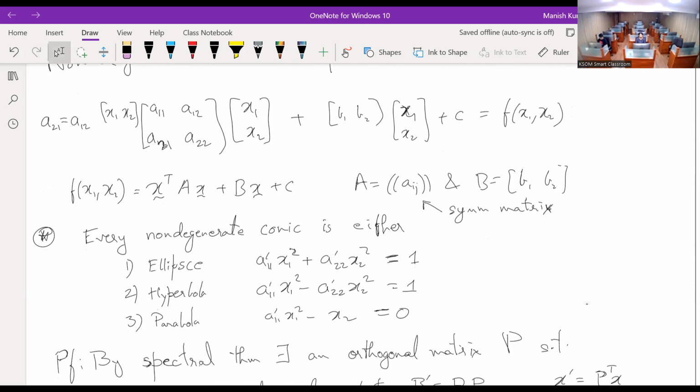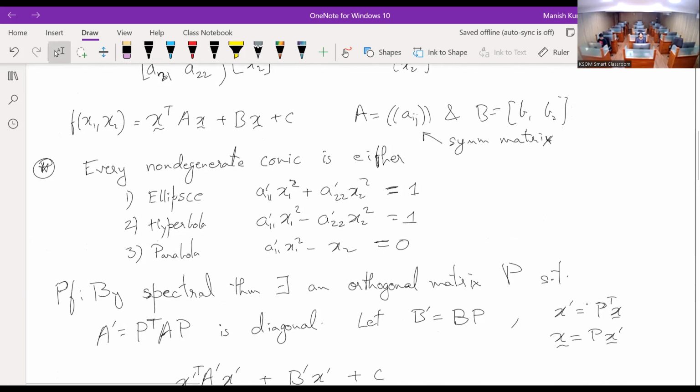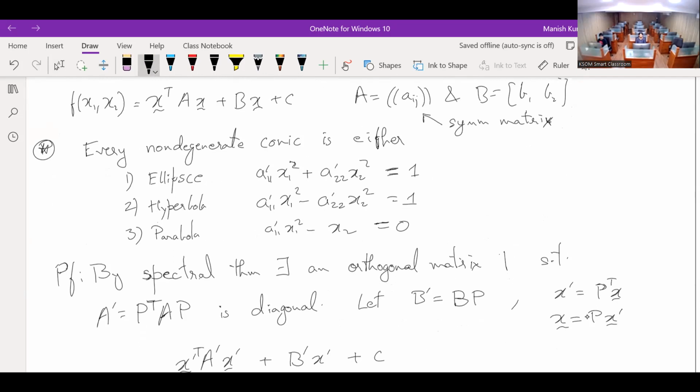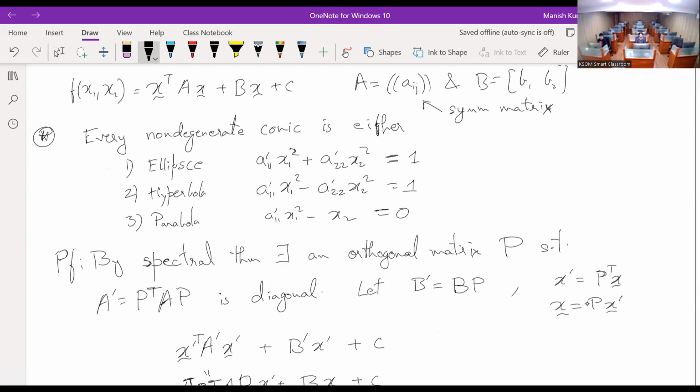So anyway, we will show that every non-degenerate conic is one of these things, and the proof is by first using the spectral theorem, we can make sure that there is an orthogonal matrix P such that P transpose AP is diagonal, since A is symmetric.